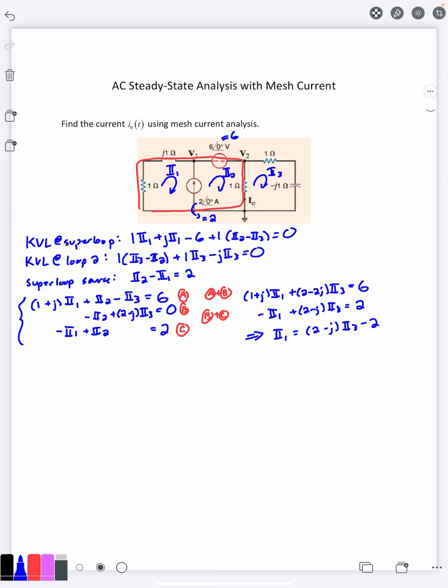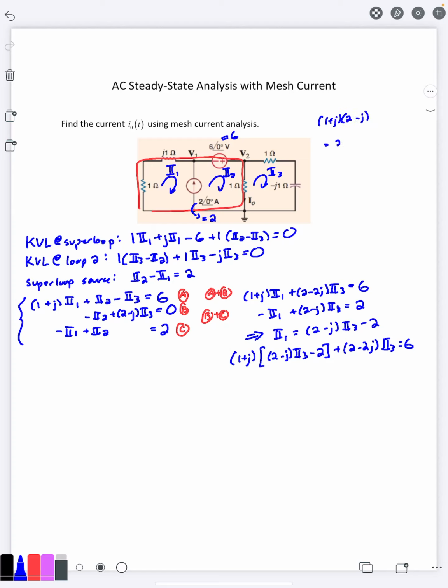And so then I can plug this into the first equation. I'd have 1 plus j times the quantity 2 minus j I3 minus 2, plus 2 minus 2j I3 equals 6. Let's go ahead and distribute that in. 1 plus j times 2 minus j. Maybe I'll do this on the side over here, not to clutter that work down there.